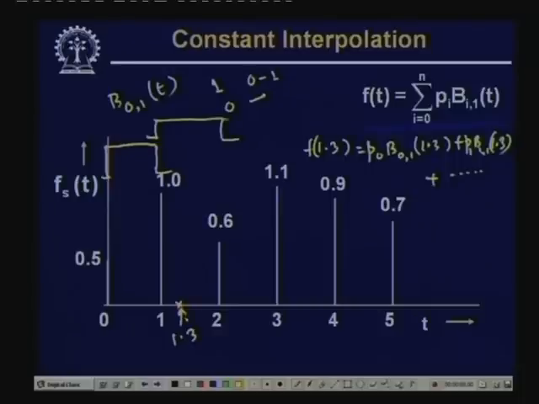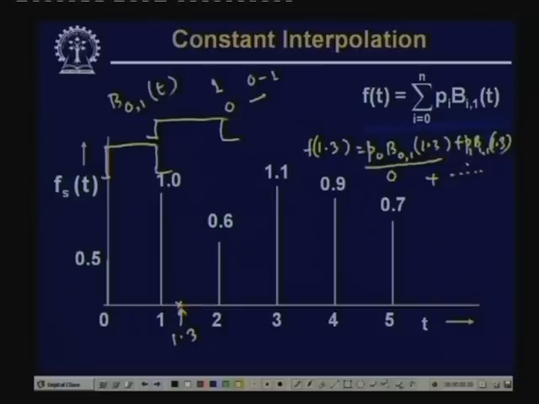So, when I try to compute the function value at t equal to 1.3, I have to compute p_0, that is the sample value at t equal to 0, multiplied by b_01(t). Because b_01(t) is equal to 0 for values of t greater than or equal to 1, this term p_0 into b_01(t) will be equal to 0.